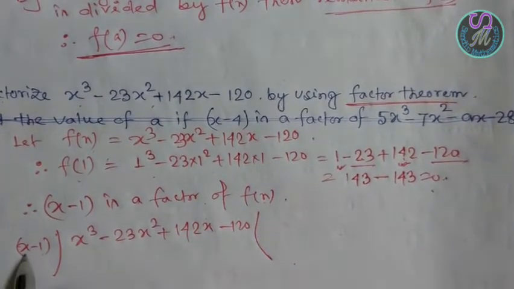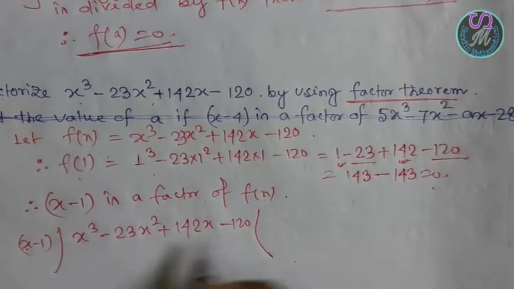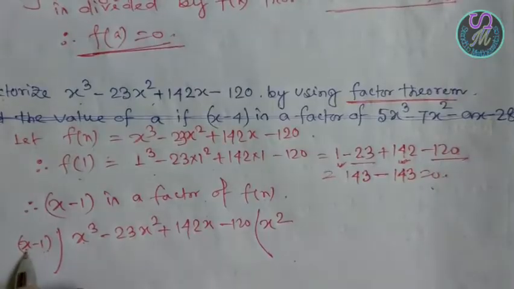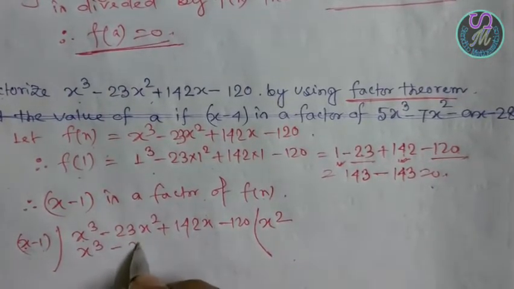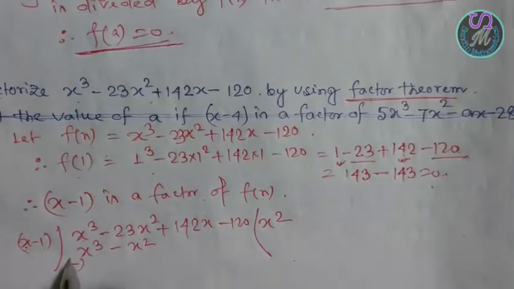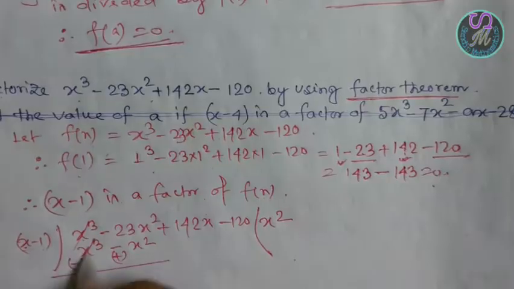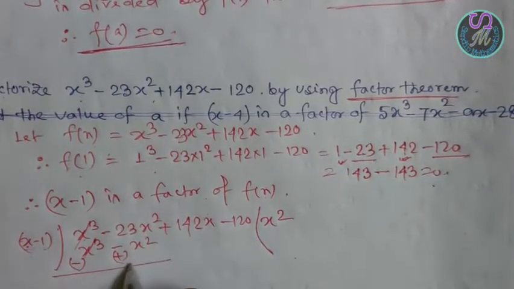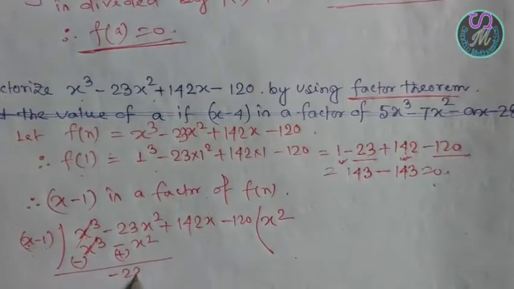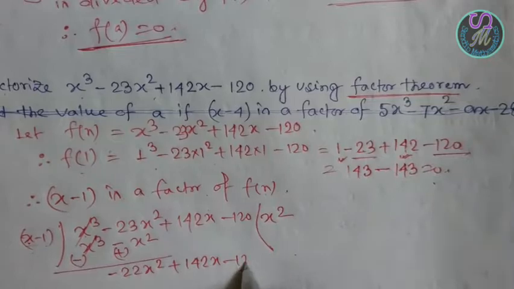Here x and here x cube, so x must be multiplied by x square. This gives x cube minus x square. Similarly we have to subtract, that means plus sign becomes minus and minus sign becomes plus, so this value cancels. Now minus 23x square plus x square, that means minus 22x square, then 142x minus 120.